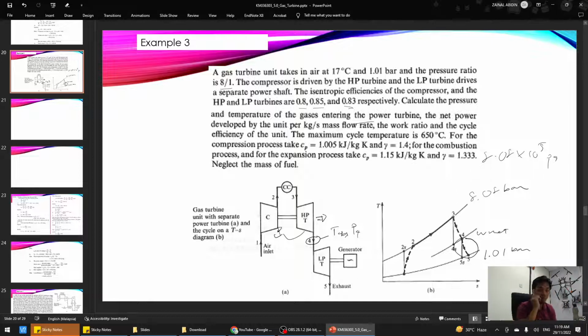So the problem here kan, dia bagi kita temperature kat T1, 17 tambah 273. Saya tekan kalkulator kalau awak nak tahu. 290 Kelvin.